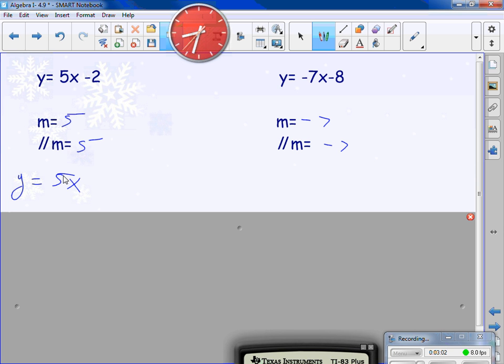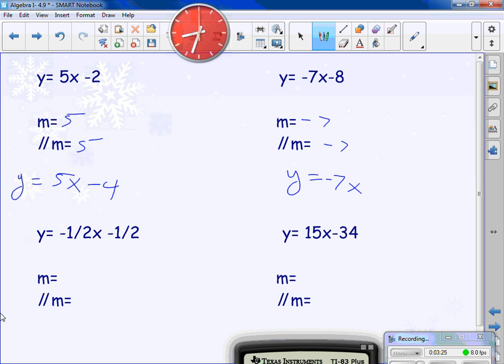Y equals 5x minus 4. It's just another number. I'm just making up another equation. Y equals negative 7x. Actually, I don't even need another number. We'll leave that as a 0. These two are parallel, just because they have the same slope.